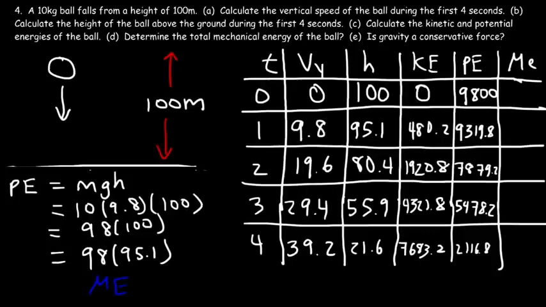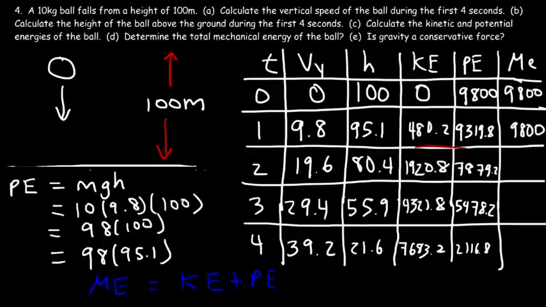So now what I'm going to do is calculate the total mechanical energy. The mechanical energy of a system is the sum of the kinetic energies and the potential energies. So for the first one, it's 0 plus 9,800. So that's going to be 9,800. Next, if we add these two values, so 480.2 plus 9319.8, you get the same answer, 9,800.